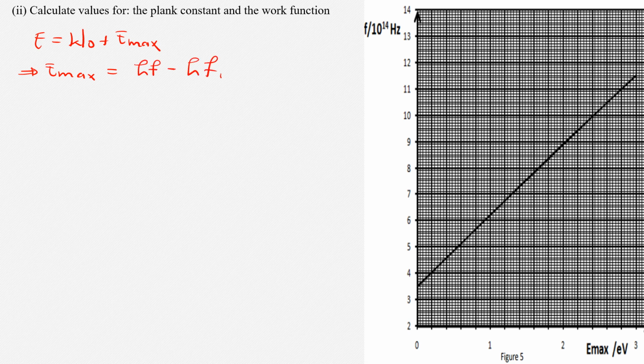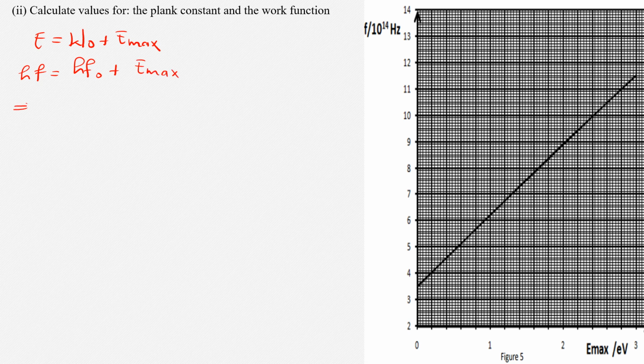minus HF0. So if you make F the subject, no need to make E max the subject since it's frequency against E max. So this means E, which is HF, will be equal to the work function, which is HF0 plus E max.